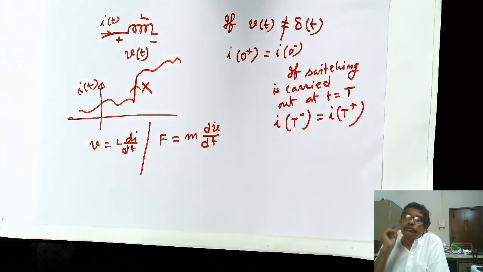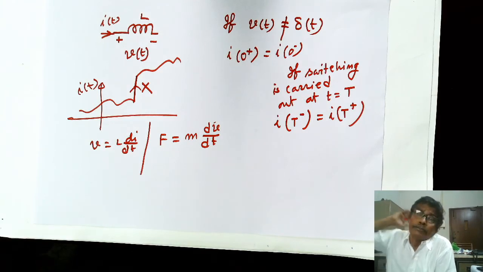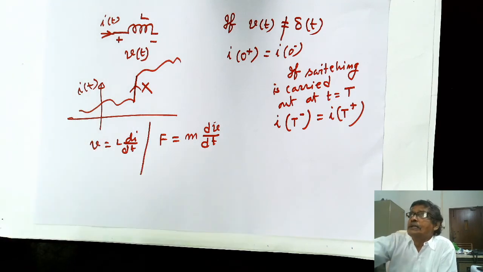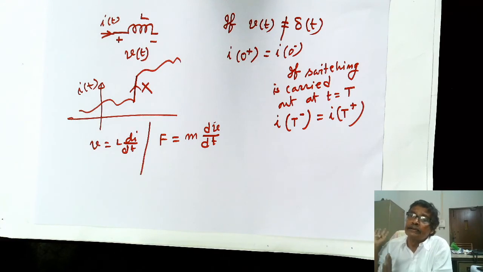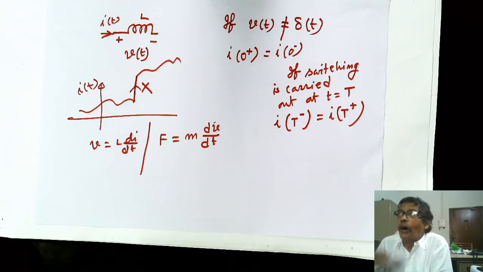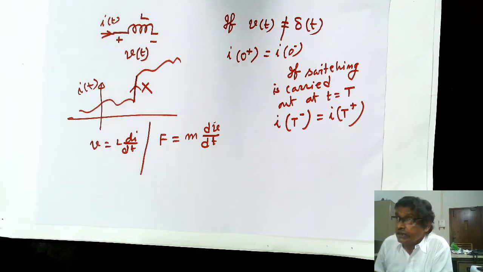Suppose you are a bowler, you have given me a full toss, you have thrown a ball at 100 km/h, and I hit a 6 over the boundary. The ball was coming to me, just before it struck my bat, at t equal to 0 minus, it had a velocity towards me, and now I hit it.